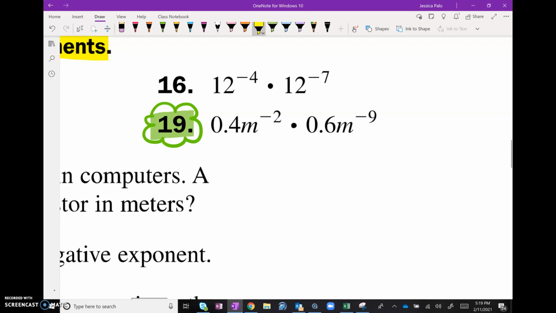Okay, let's review. We have coefficients 0.4 and 0.6, and then we have variables with exponents, m to the negative 2nd, m to the negative 9th.